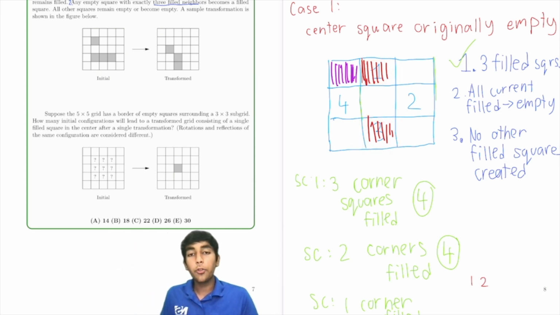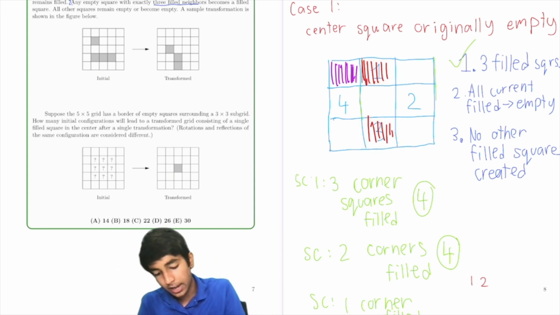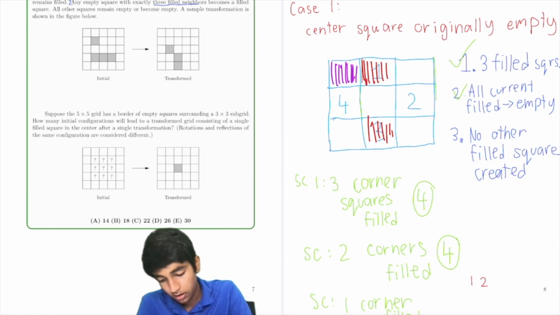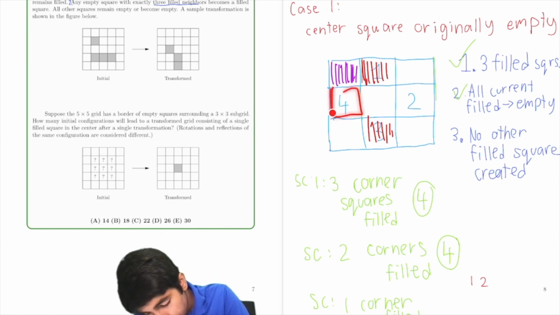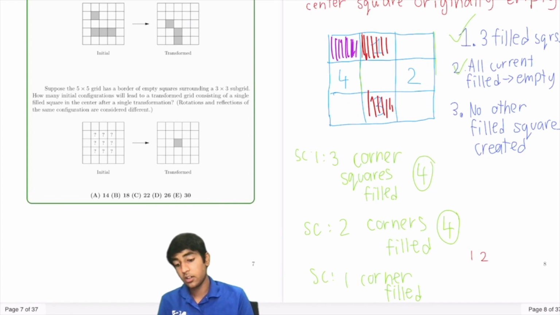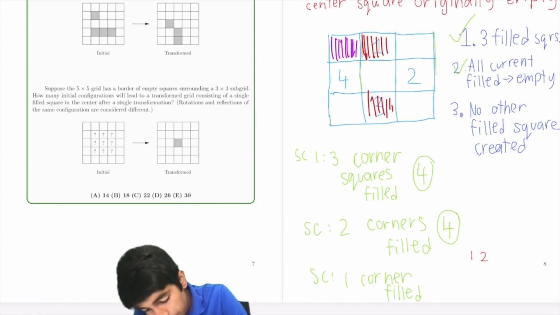So none of them have 2 or 3 neighbors. Condition 2 is satisfied. And condition 3, no other filled squares are created. That means that there's no other empty square that has 3 filled neighbors. Oh, but this one does. This square has 3 neighbors here. So this condition is not satisfied. So 1 and 3 also doesn't work.